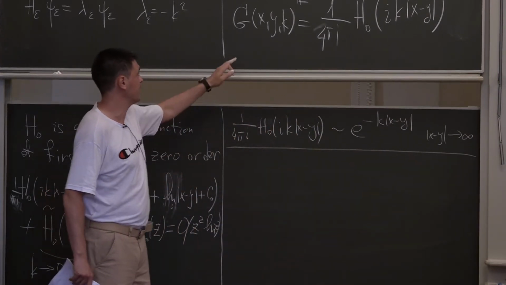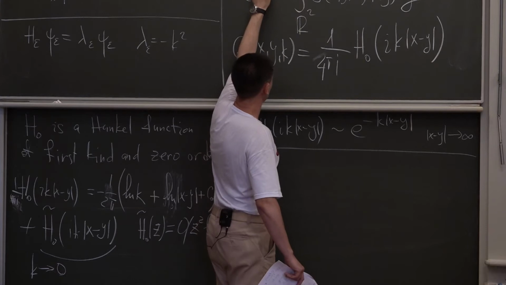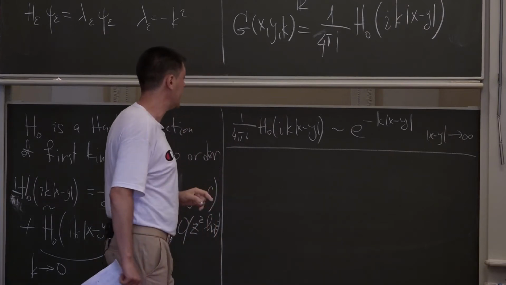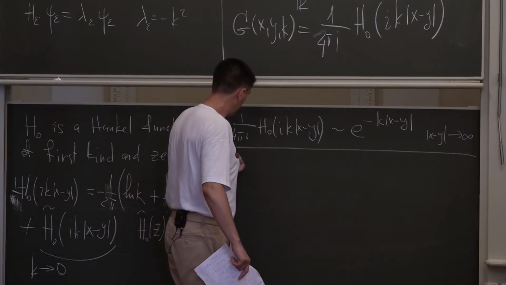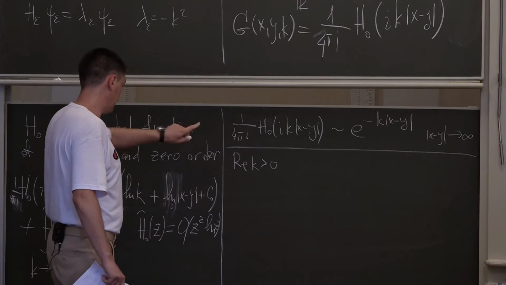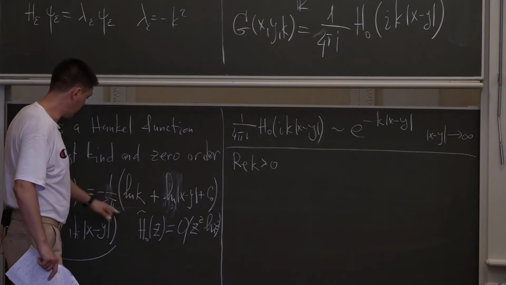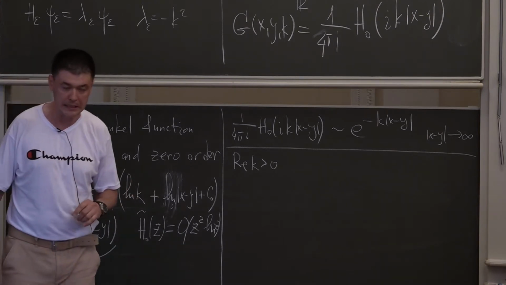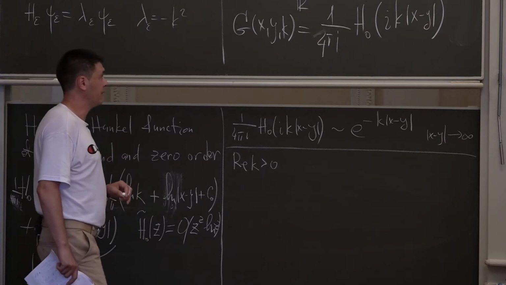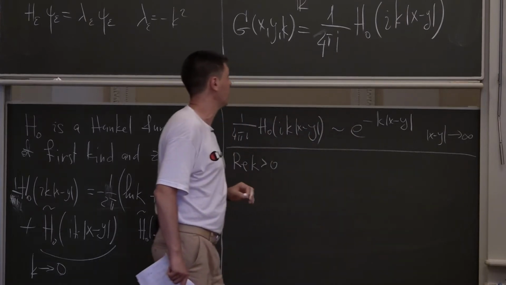So actually, it means that the solution to this equation given by this formula decays exponentially at infinity when the real part of k is positive, and it grows exponentially at infinity when the real part is negative, and at 0 it has the following behavior. So it has a logarithmic singularity.